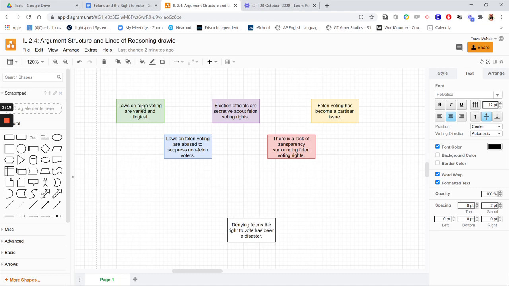So to do that, what are these 5 ideas really trying to prove? That the laws on felon voting are varied and illogical. They've been used to suppress non-felon voters. The election officials use them to be secretive. There's this lack of transparency, and ultimately it's been used as this partisan issue. So how can we rearrange that? How can we find a better wording for our primary claim here?